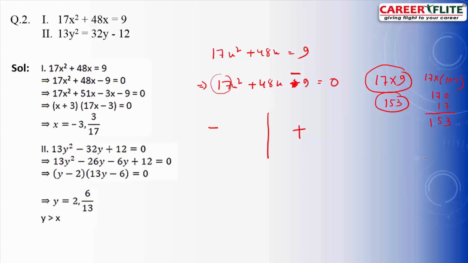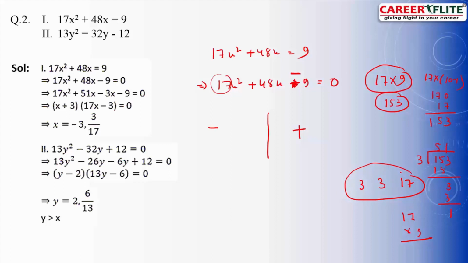So it's better you find the factors of 153: 3 5s are 15 and 3 1s are 3, so we have 51, which goes by 17 into 3. So we have the factors 3, 3 and 17. 3, 3 and 17 are the factors of 153.